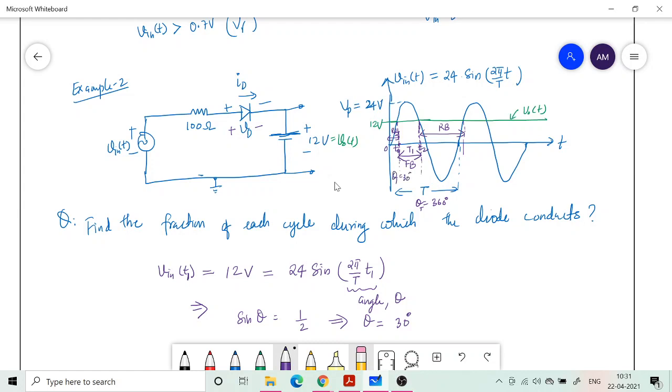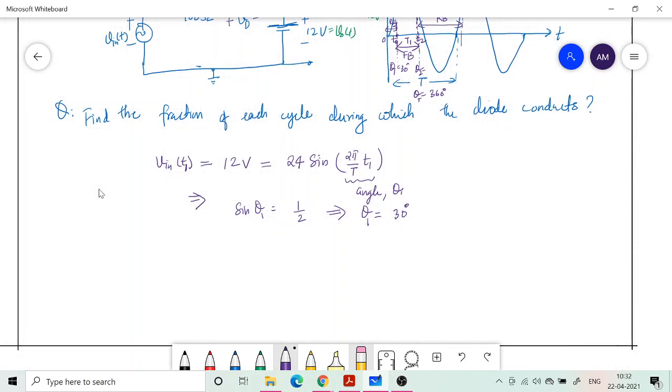Can you tell me what is this other point? Theta 2, if you can find out. It is symmetric and the center is 90. So let me call this theta 1. Theta 1 is 30, that is the time at which the diode is turned on. Now can you tell me when is the diode turned off?